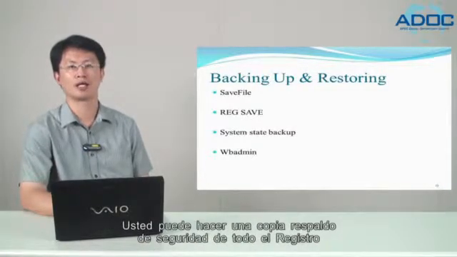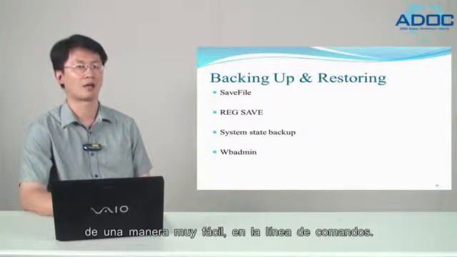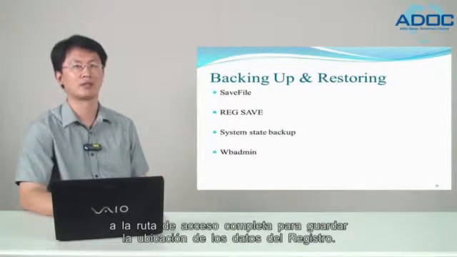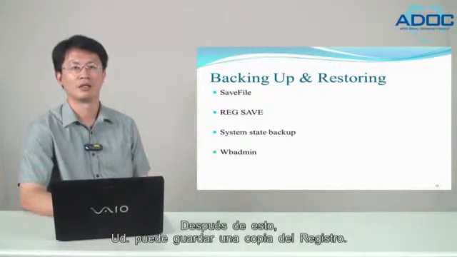You can make a backup of the entire registry very easily at the command line. Simply type regedit /e savefile, where savefile is the complete file path to the save location for the registry data. Following this, you will have saved a copy of the registry.